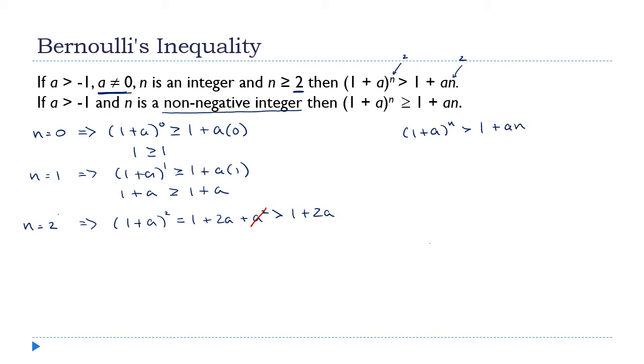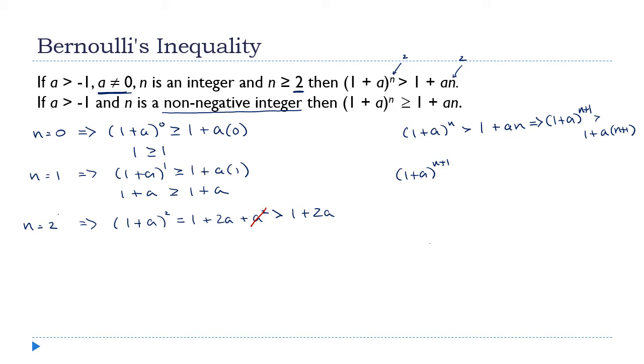I need to show that if this is true, then if I replace n with n plus 1, it's also true. So let me write that up here just so we know what we're aiming for. I want to show this, greater than 1 plus a(n plus 1). All right, so let's see. What is (1 plus a) to the n plus 1?